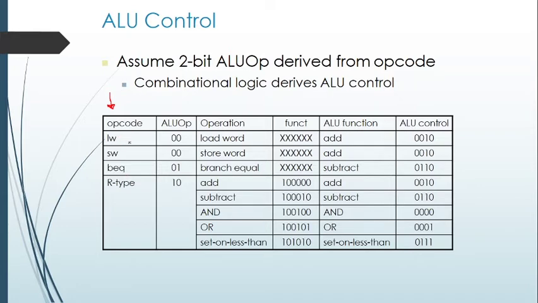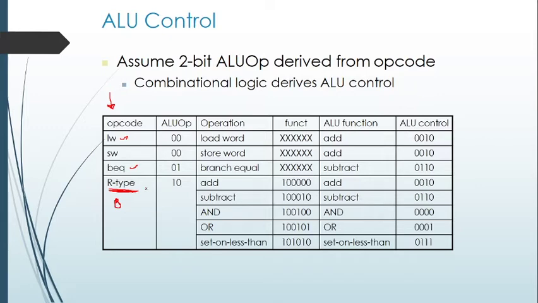We have different 6-bit opcode values for different instructions. For load word, it has a specific value. For store word, it has a specific value. For branch equal, it has a specific value. All the R-type instructions have the same single value, which is all zeros.